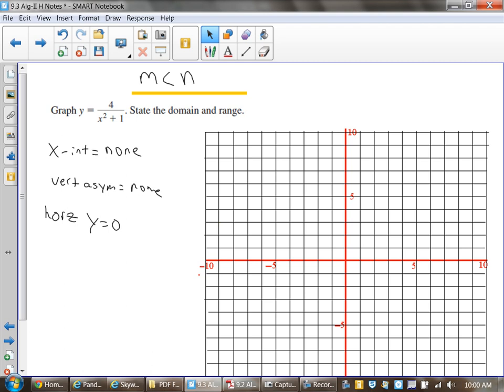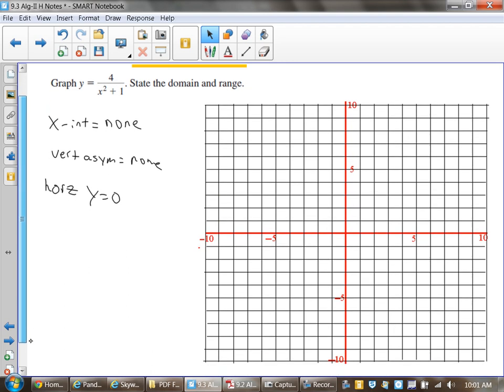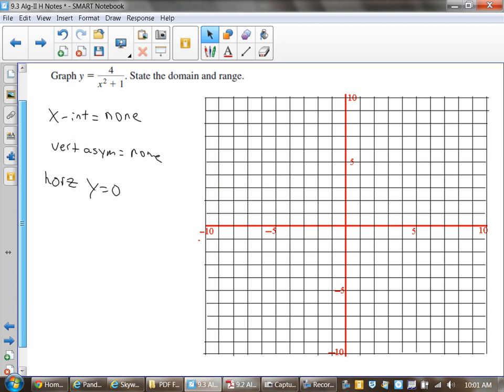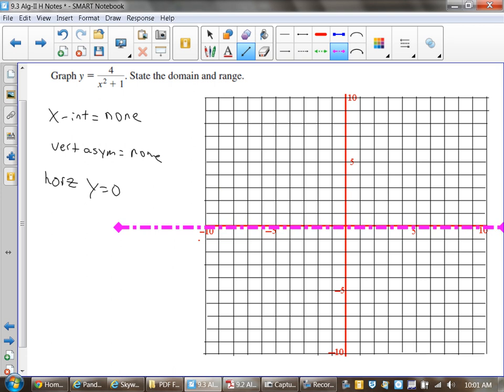Now again, no, there's no horizontal either. The degree is 0 over 2. So your degree of the denominator is larger, which means you have a horizontal asymptote at 0, because of the 3 rules.